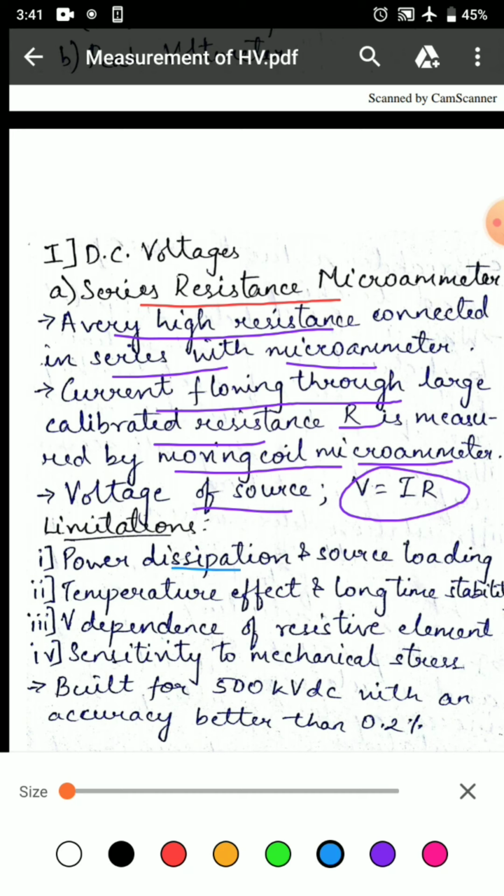They are power dissipation and source loading, temperature effect and long time stability, voltage dependence of resistive element, sensitivity to mechanical stress. It is built for a 500 kilovolt DC with an accuracy of 0.2%.